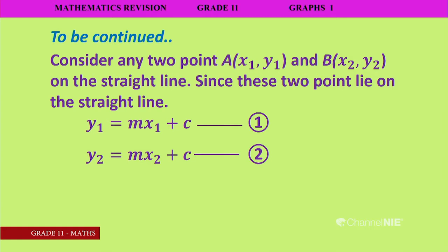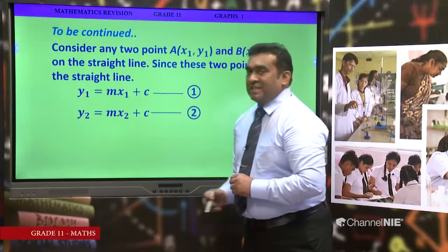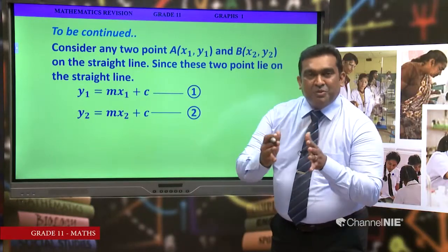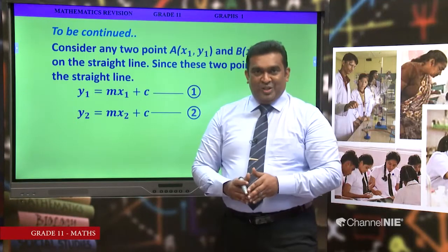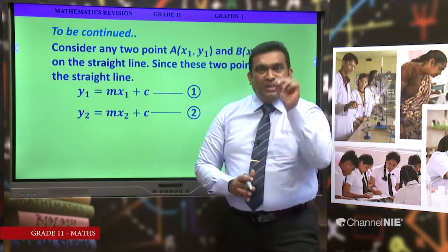Here you know the x coordinate. You can substitute all the x coordinates after the m. Here, the y coordinates: from the very beginning, you can substitute any y coordinate on the straight line. The condition is they should be on the line.